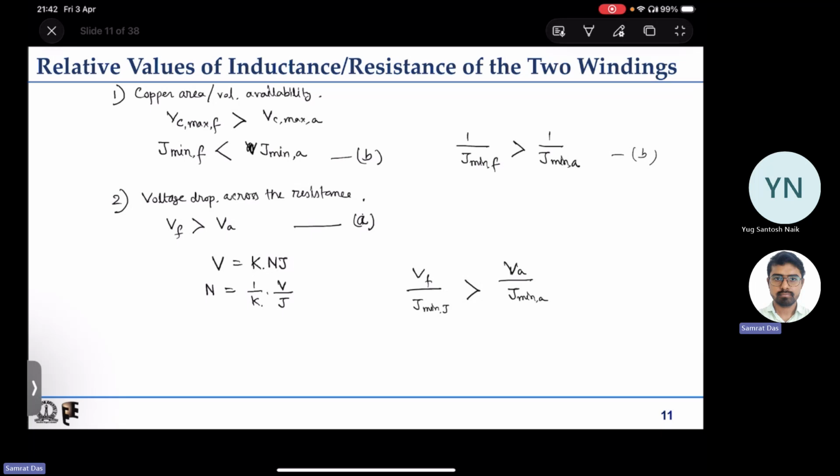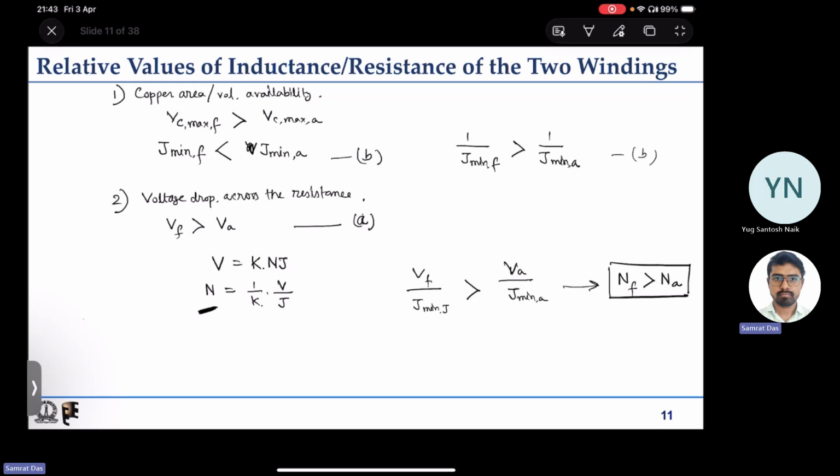This ratio is proportional to the number of turns that you have. So this clearly tells us that the number of turns in the field winding that is generally employed is quite high compared to the number of turns in the armature winding. So this is the first thing that comes out when we try to compare the two windings.